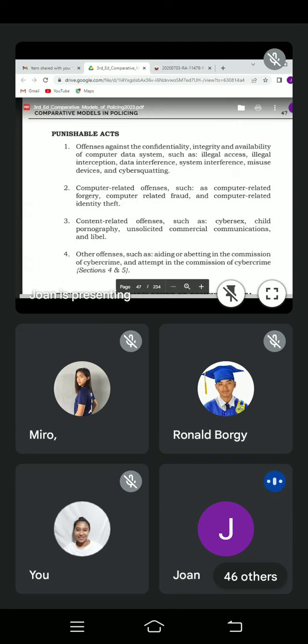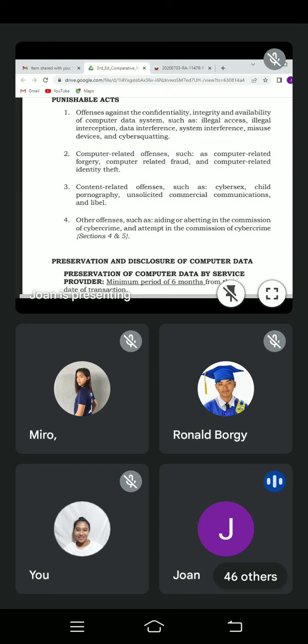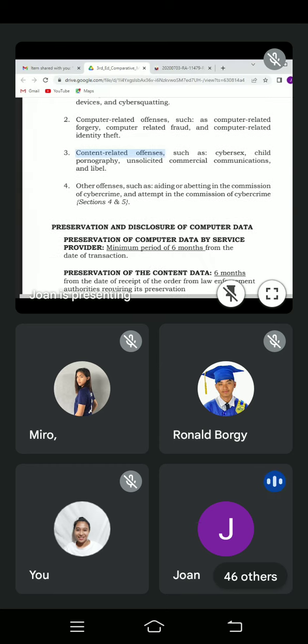So take note, offenses against the confidentiality, integrity, and availability of computer data systems. Next, computer-related offenses such as fraud, identity theft, forgery. And then content-related offenses such as cybersex, child pornography, unsolicited commercial communications.